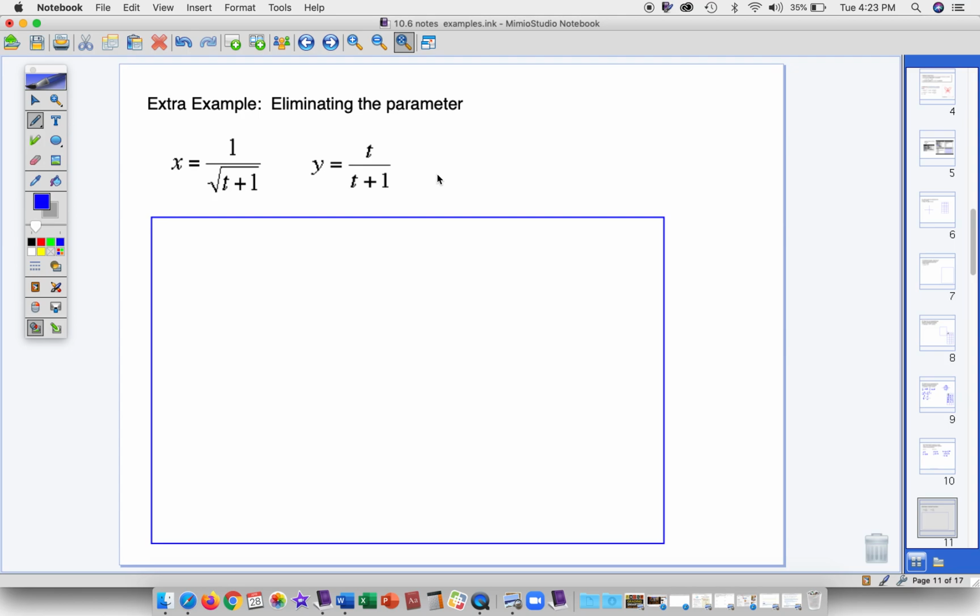So this isn't like the last example. This is like one that we've done previously on the last set of notes, where you're coming up with the rectangular equation by eliminating t. So go ahead and give it a try. When you're done, you can come back and I'll show you the solution. Okay, so let's see how you did.